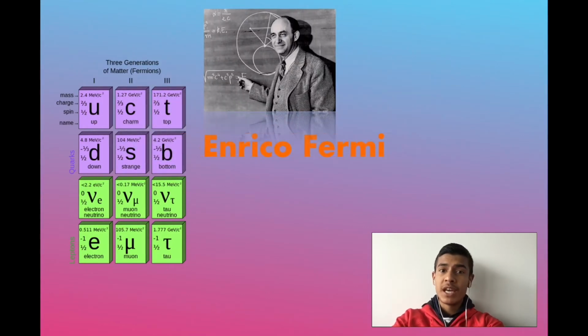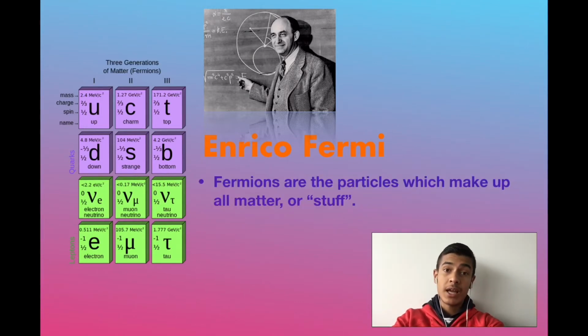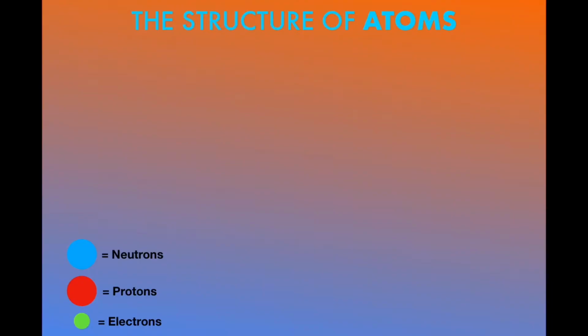Fermions happen to be named after Enrico Fermi, an extraordinary Italian physicist. Fermions are the particles which make up all matter, or stuff, or essentially all the things that you see around you.